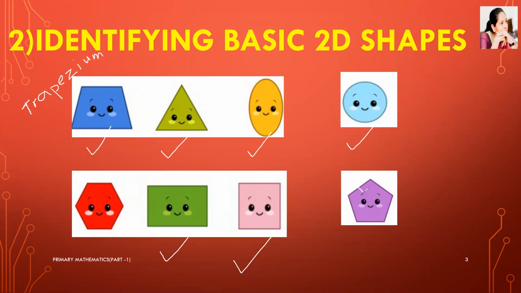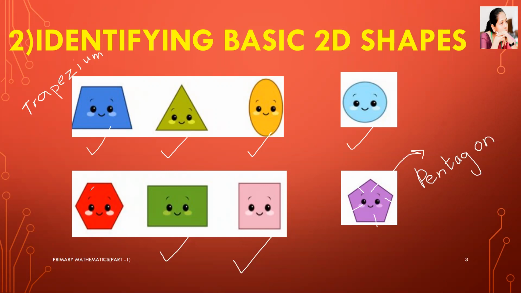Then here you have 1, 2, 3, 4, and 5 sides. So therefore, we call this pentagon. Penta means 5. So the name of this shape is pentagon, right?